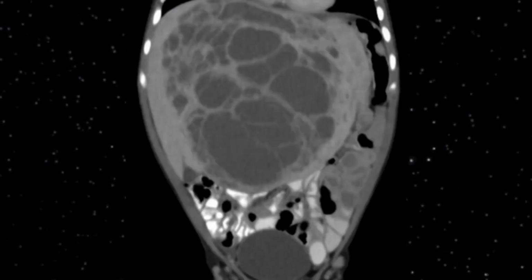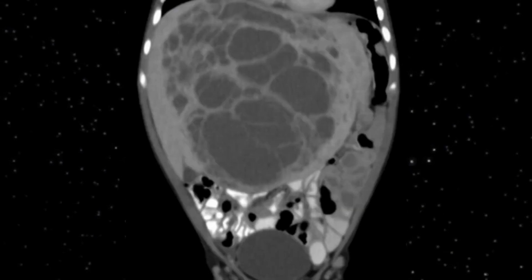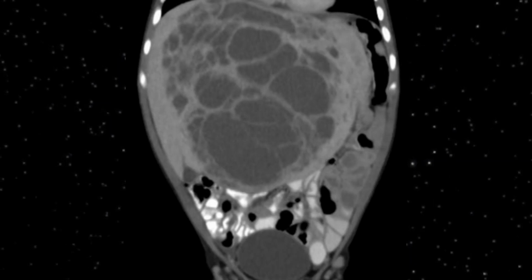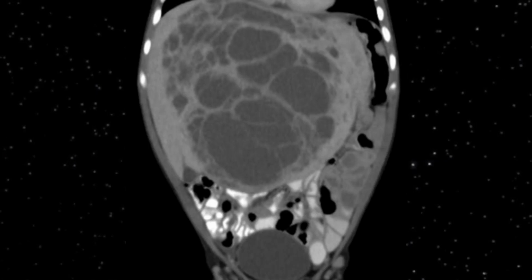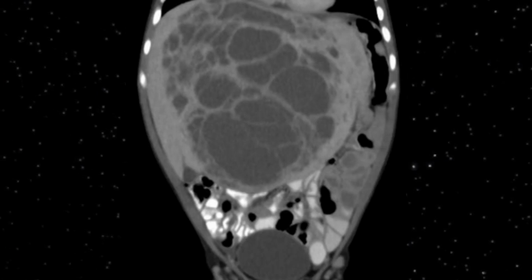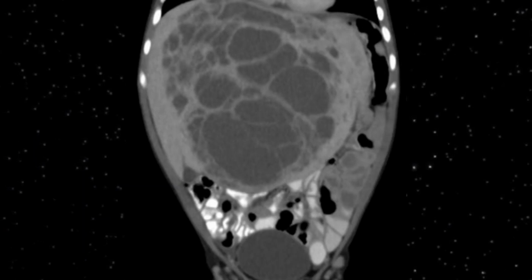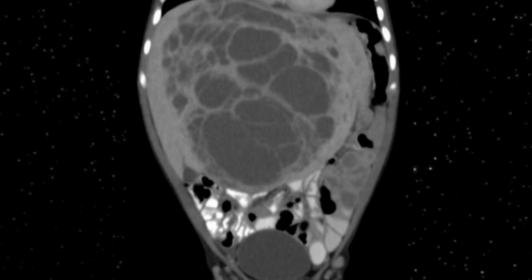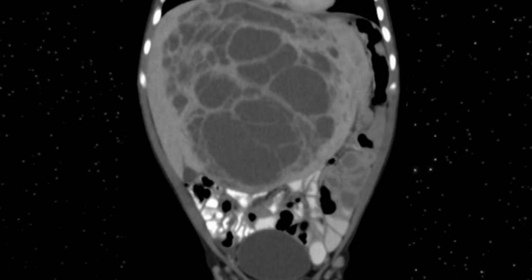This is a coronal image, and on this coronal image you can pick some of the points, like how mesenchymal hematoma will appear on the CT images. It will include cystic areas and a solid component, which is visible here. The second thing, it would be a large mass, large enough to occupy the entire liver.